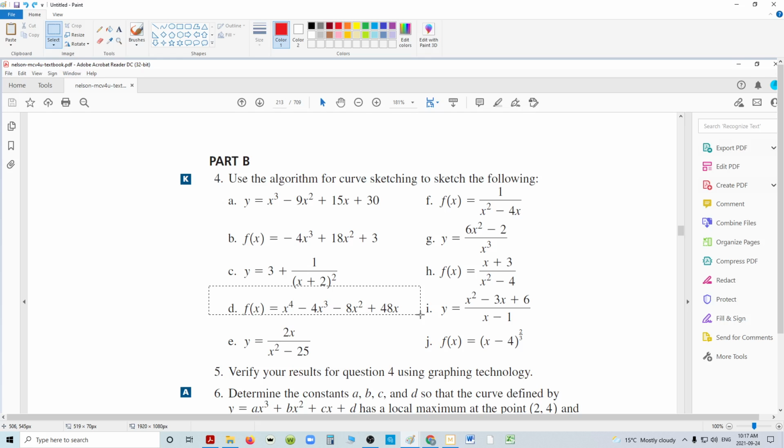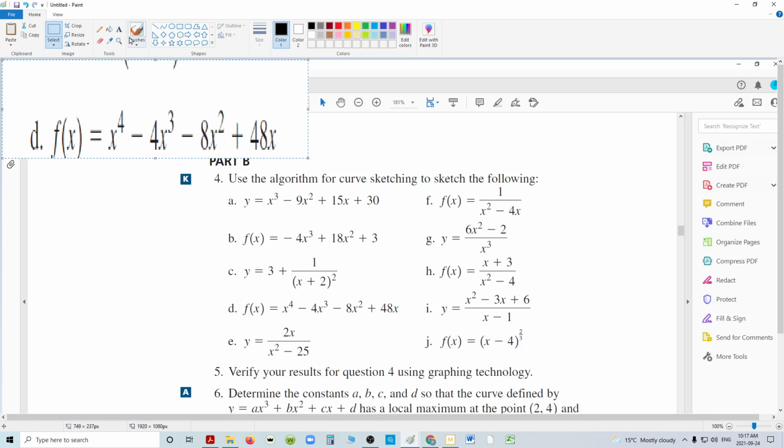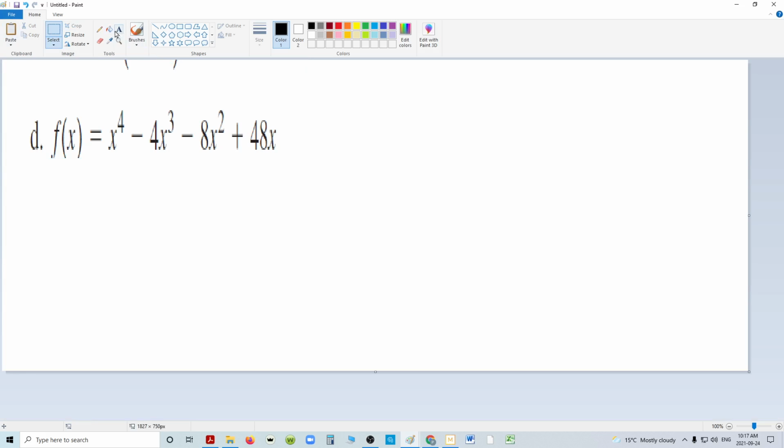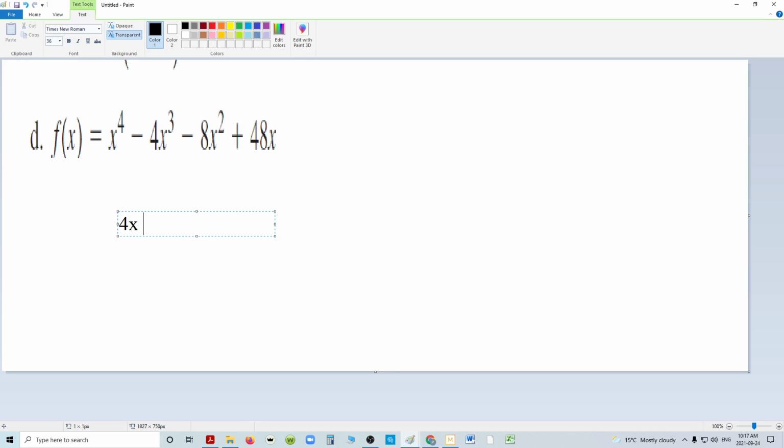It should be very easy to figure out. I would take the first derivative and just see if it comes out clean. So the first derivative is 4x cubed minus 12x squared minus 16x plus 40.